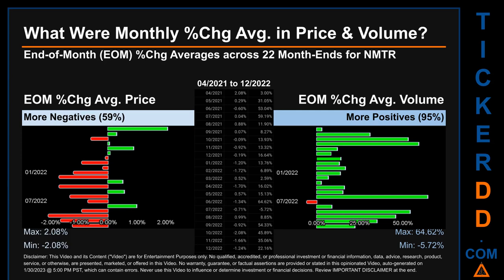In terms of volume, 21 out of 22 month ends had a positive percentage change. That is 95% of month ends saw a positive percentage change in average volume. Price saw an end-of-month max of 2.08% in average percentage change along with a minimum of -2.08%. For volume, the maximum and the minimum monthly percentage change were respectively 64.62% and -5.72%.